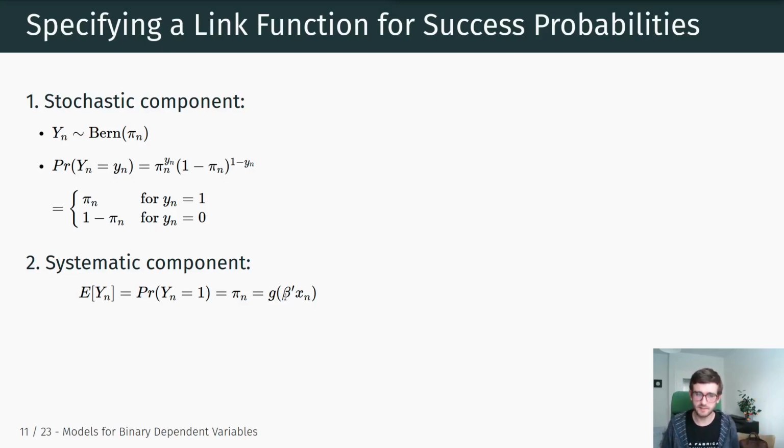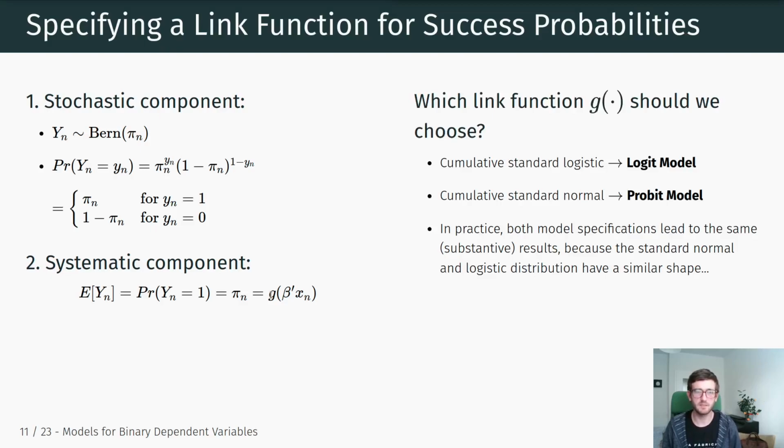So this is the basic setup, right? This is just an extension of the way we thought about this problem in the linear probability case. The only addition is that we have this link function g.